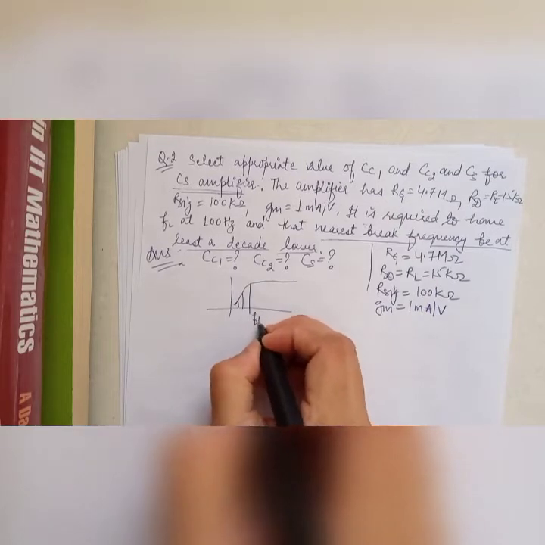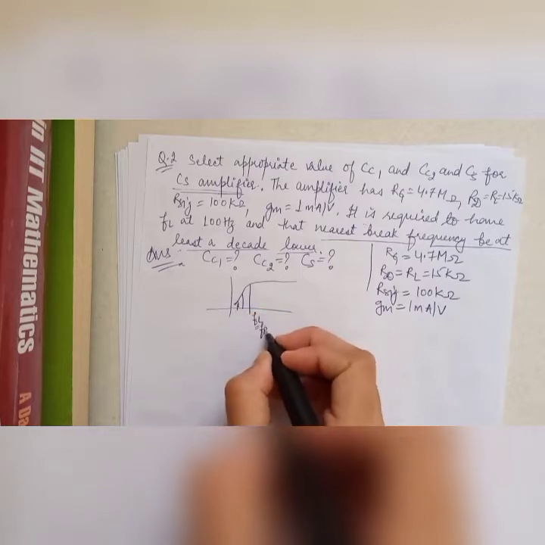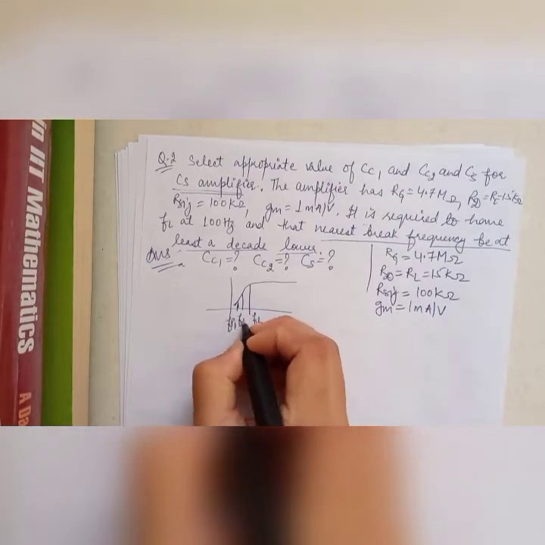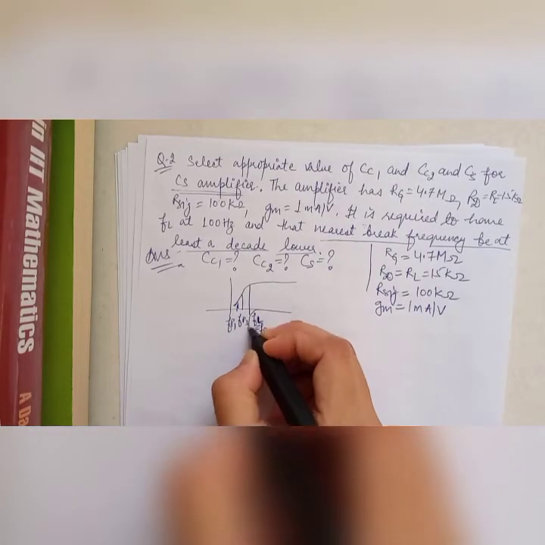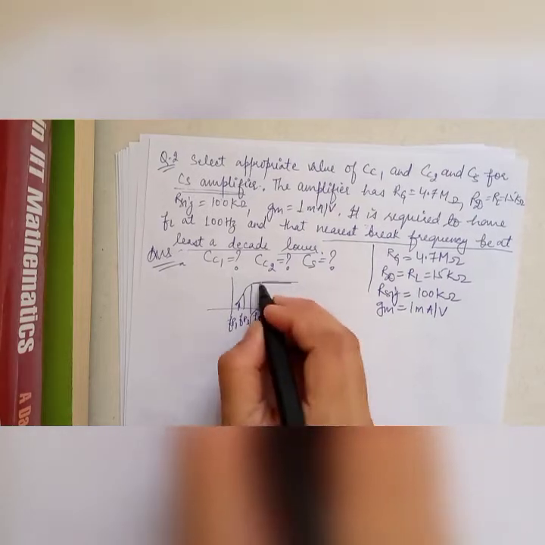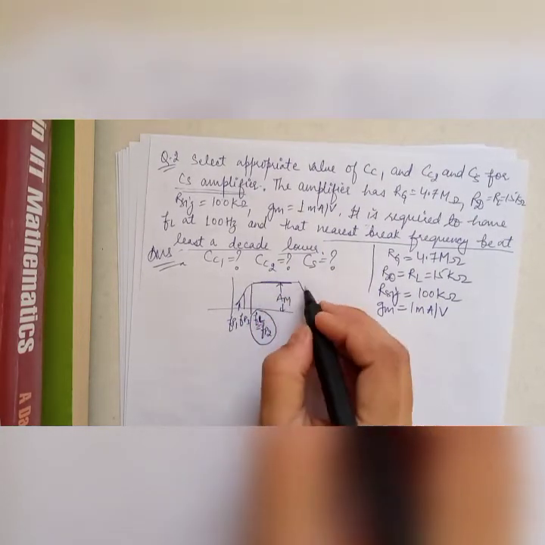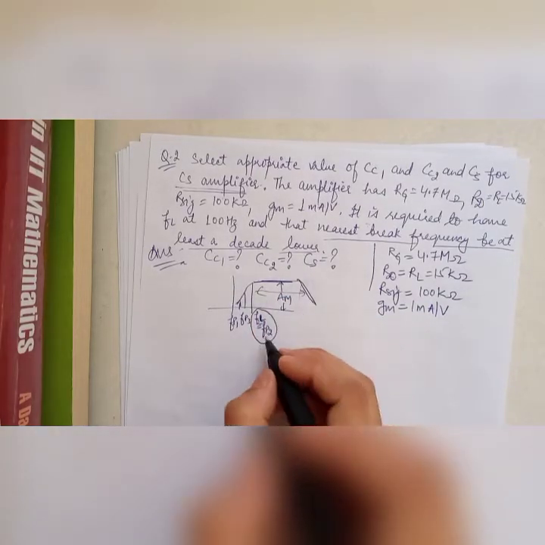So this is FL. This is also called FP2. This is FP1 and this is FP3. This FL is the lower cutoff frequency. After this you have a midband gain AM, called the midband response.